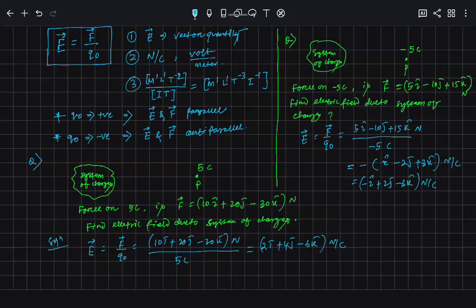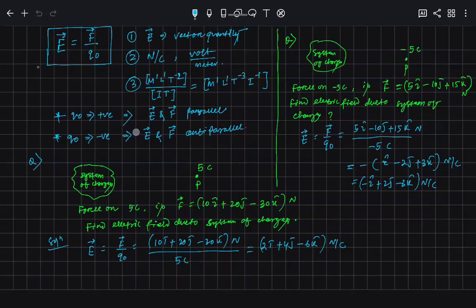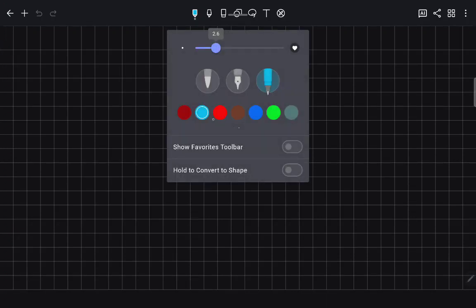Now let's do one more problem. Depending on this relation, I am doing the problems. Let's take this is the ground, and there is some negative charge.